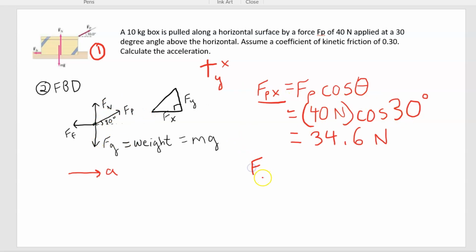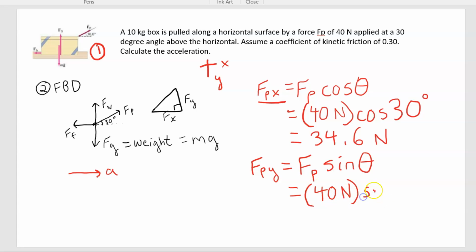Similarly, we can find the component in the y direction. Still using trigonometry, the component of this force in the y direction is Fp times sine of theta. Once again, let's plug in our numbers. Fp is still 40 newtons as given to us in the problem, times sine, and theta is still 30 degrees as given to us in the problem.